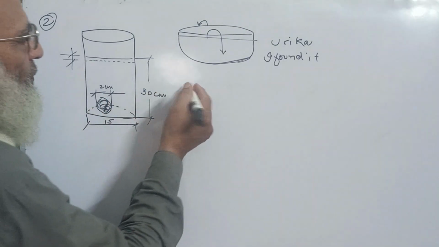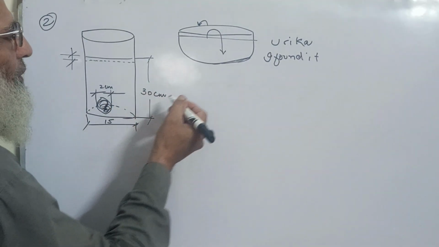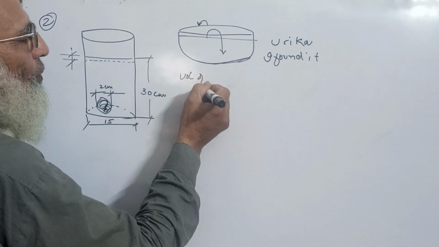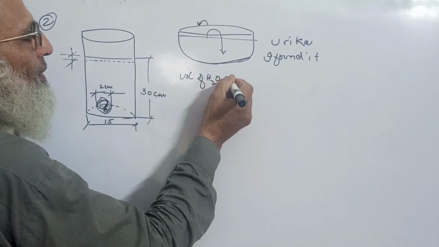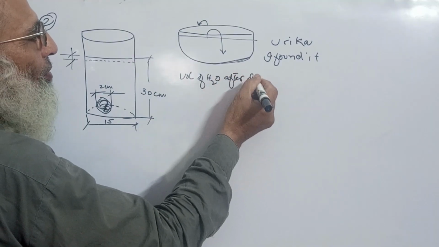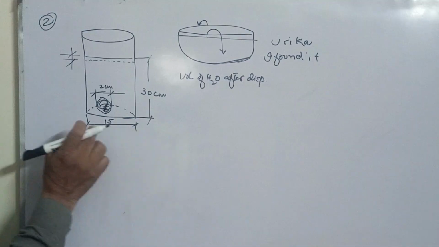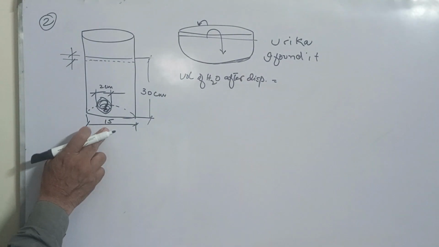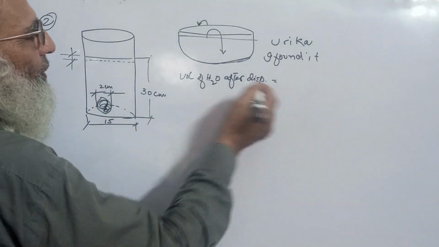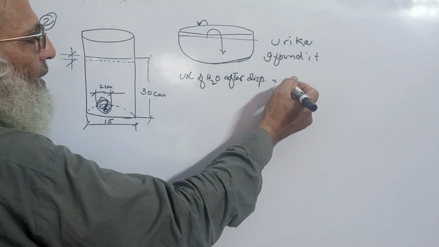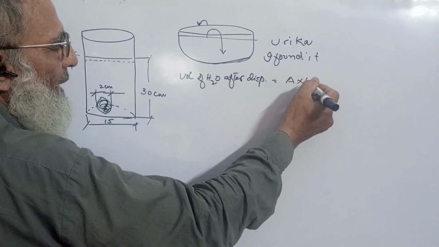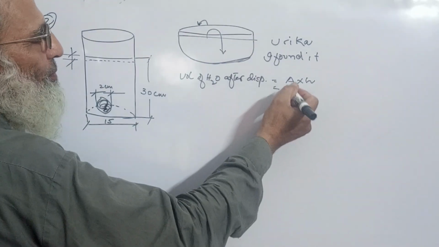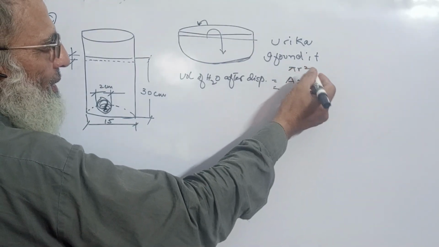So first of all we will find the volume of water after displacement, because it is known to us now. You see how we could find it. This is a cylinder, and for the volume of the cylinder we do area multiplied by height. This is circular, so area is pi r square.